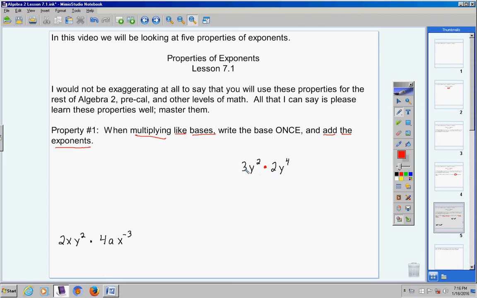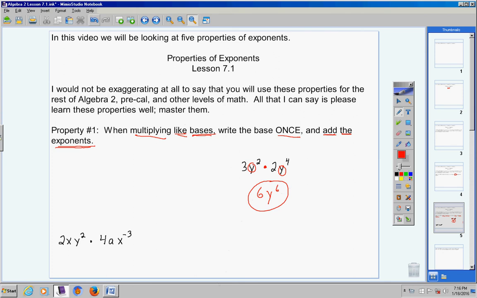So 3 times 2 is 6. That's what you need to do. But now look at your y's. You have a base of y, a base of y. They are like bases, so you write the base once. And then what do you do? Add the exponents. 2 plus 4 is 6. And you're finished. Got it?